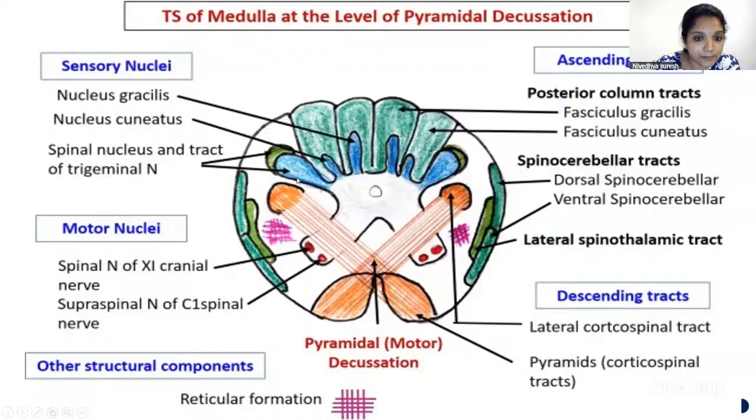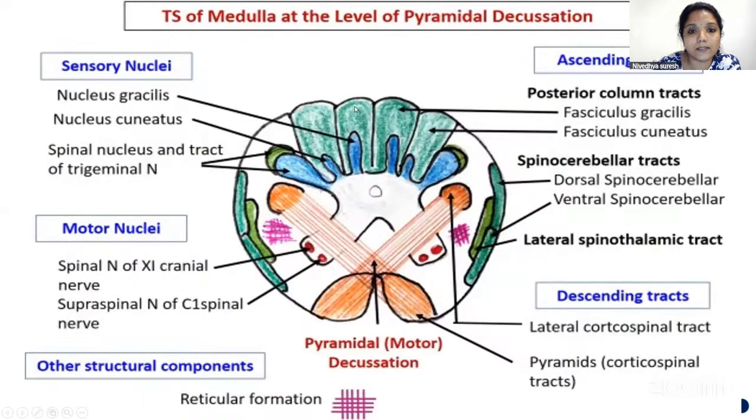So what are the structures we saw? This is the nucleus gracilis, this is the nucleus cuneatus, this is the spinal nucleus, and this capping is called the tract of the trigeminal nucleus. Okay. And what are these tracts?